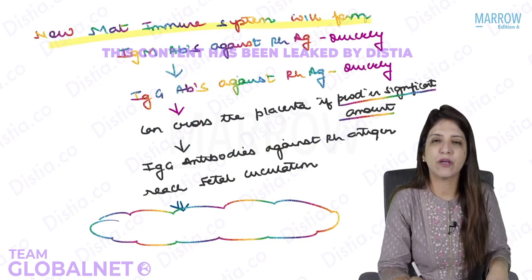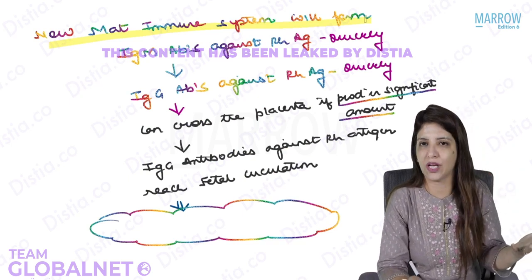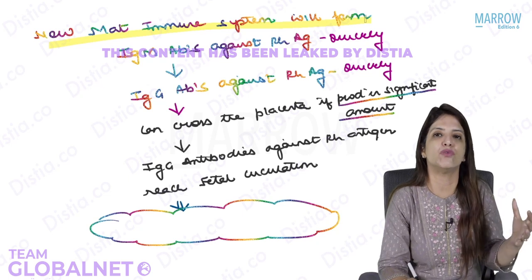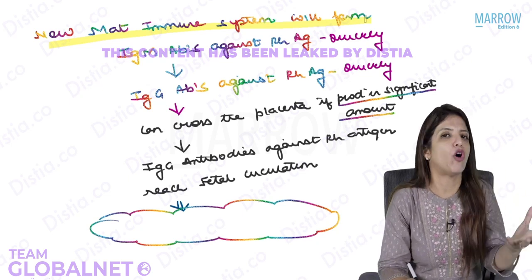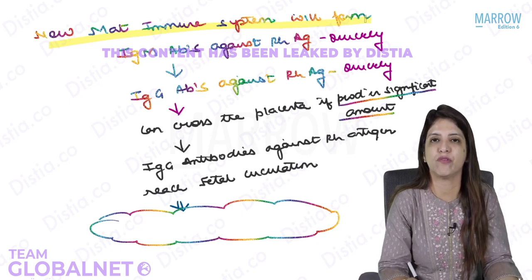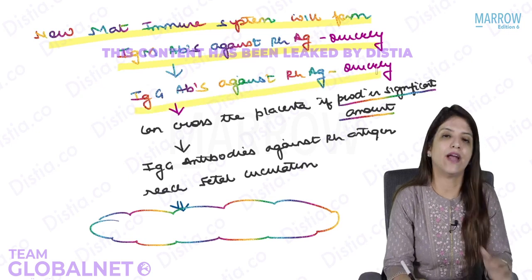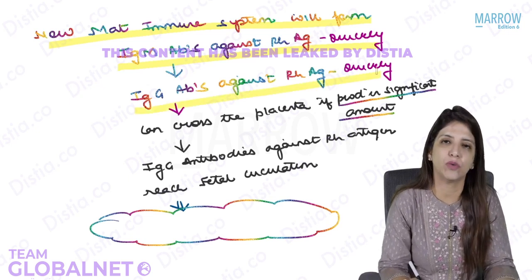Now, this time, because the mother's immune system was already once exposed to the Rh antigen and has already formed antibodies once, the IgM antibodies will be formed very quickly, and all of you know this. And quickly, the IgG antibodies will also be formed.